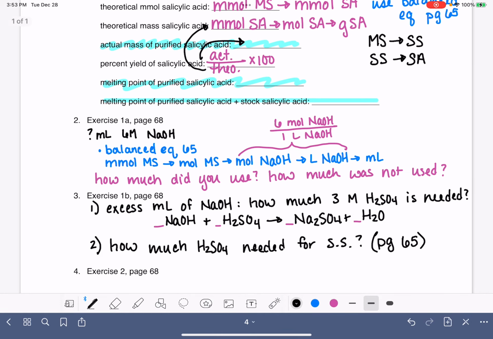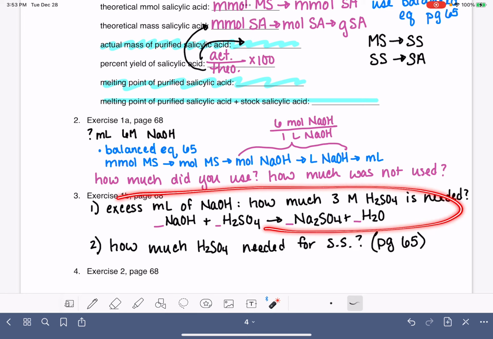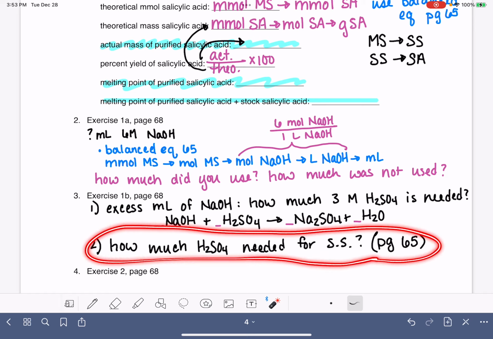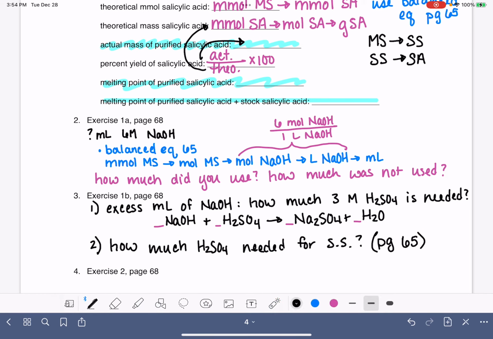The equations on page 65, right above table 4.1, show you the stoichiometric coefficients between sodium salicylate and sulfuric acid. Then you're going to take these two quantities and add them together. So you're getting the amount of sulfuric acid that you need to neutralize the leftover sodium hydroxide plus the amount of sulfuric acid you need for the actual reaction. And that's how much you need.